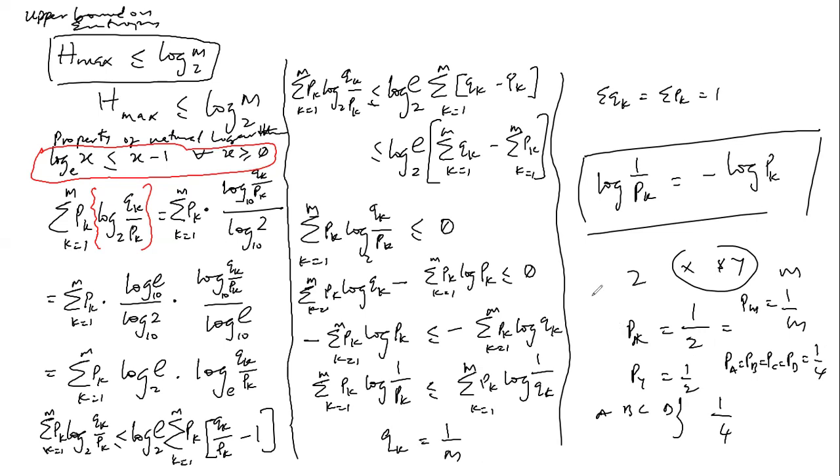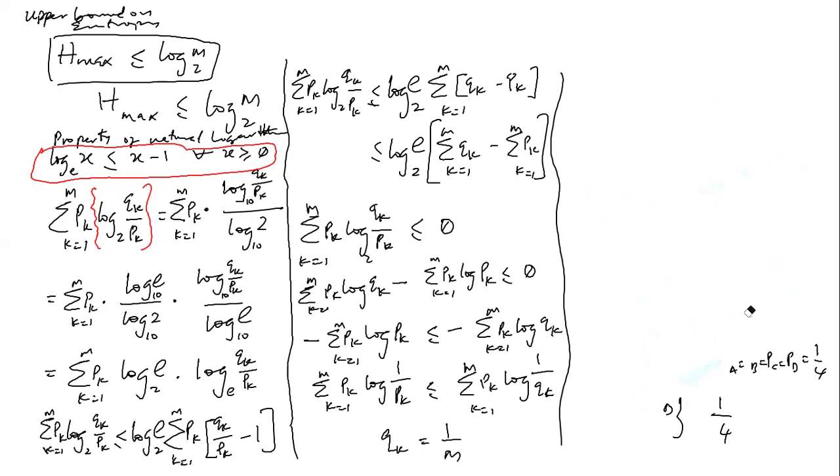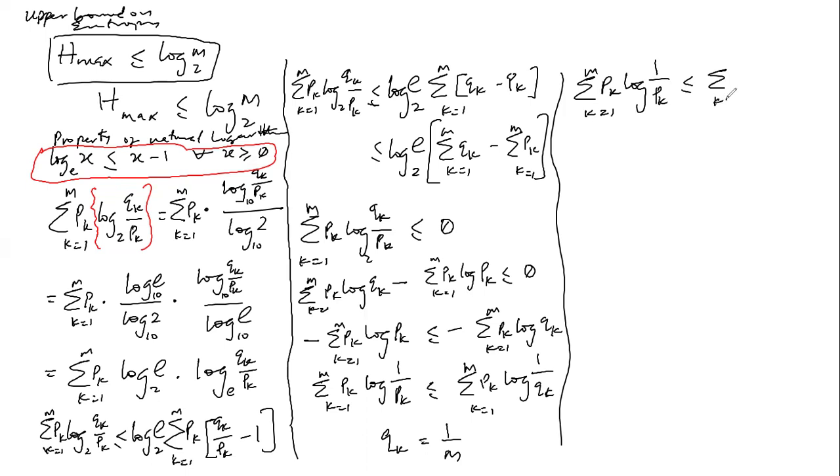Okay. So now, if that is clear, we can put this up here to say the sum from k equal to 1 to m of p sub k log 1 over p sub k is less than or equal to the sum from k equal to 1 to m of p sub k log 1 over 1 over m.